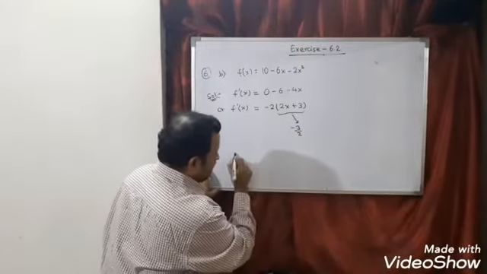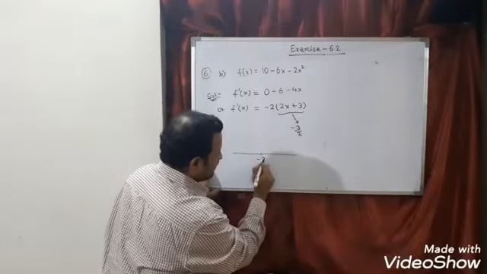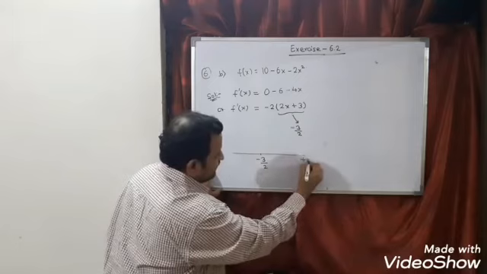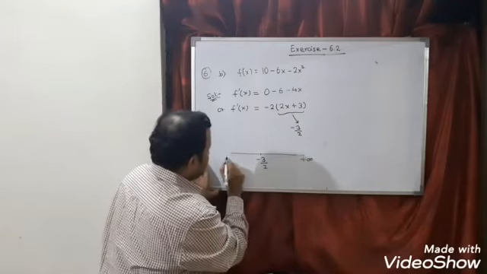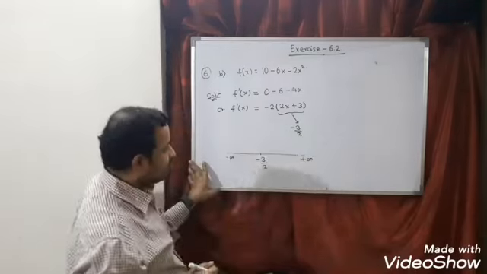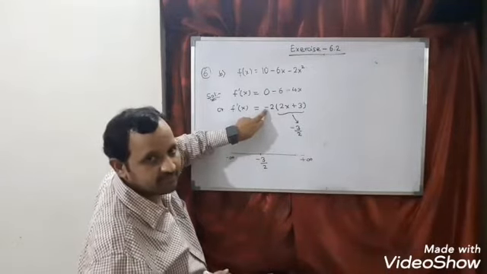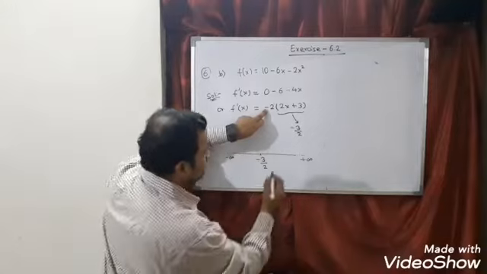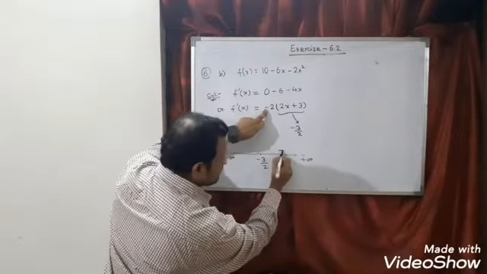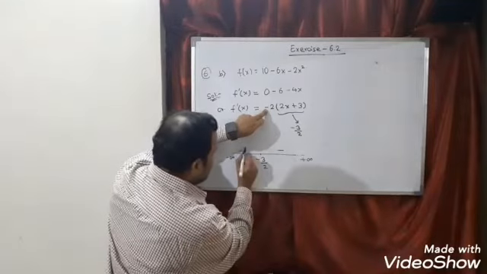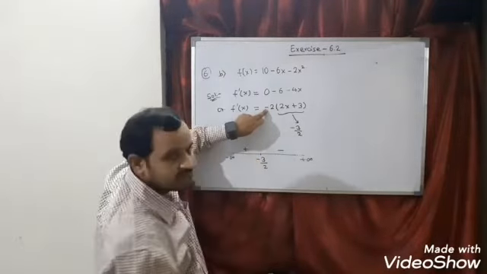Next step, plot all the critical points on the number line in increasing order. So here I can say plus infinity and here I can say what? Minus infinity. Now look here, outside sign. What is the sign here? Minus. So outside sign is minus, so minus will come here and then alternate sign will come here, plus.